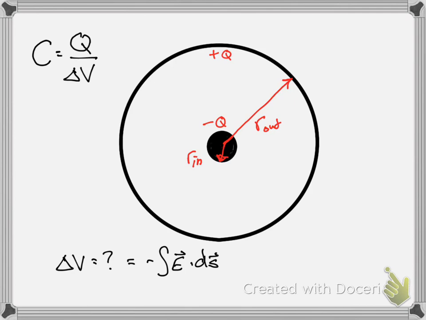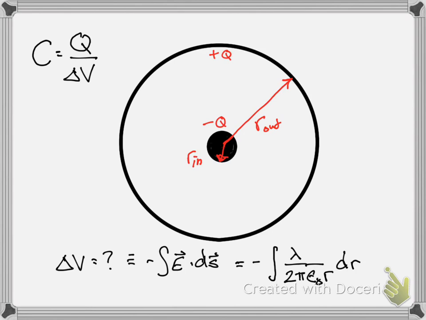But we're going to use the electric field of a cylindrical conductor, which we've calculated before, and we're now going to integrate it with respect to radius. Now remember, if you look back in your notes, that the electric field is related to lambda, which is the charge per unit length. Hence, we're going to get capacitance per unit length.